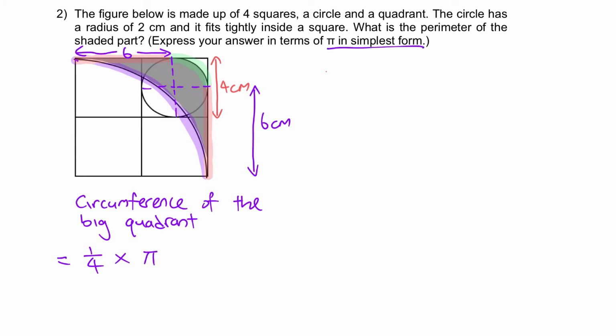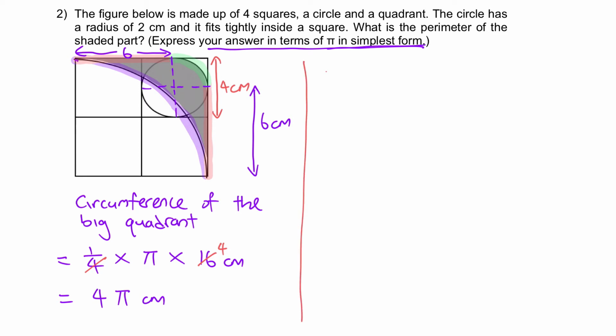We leave it in terms of pi over here, times the diameter. What is the diameter of the big quadrant? So we have 4, 4, which is 8. So the radius of the quadrant is 8. Therefore, the diameter has to be 16. You will get 4 pi cm.